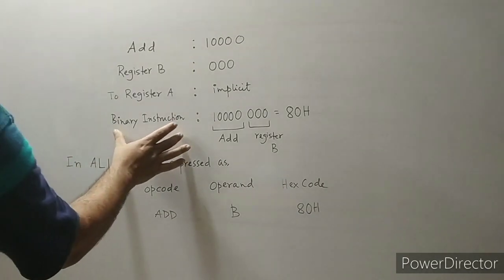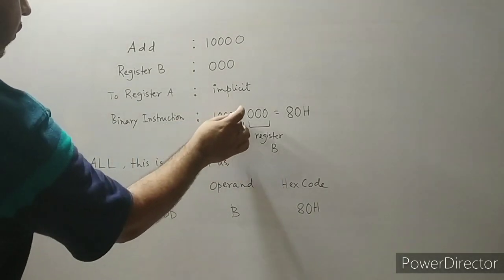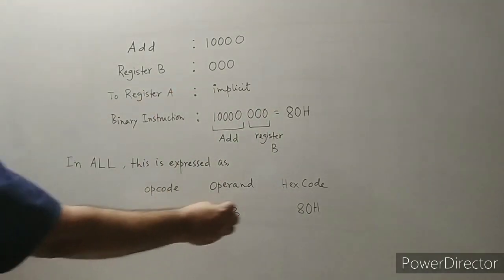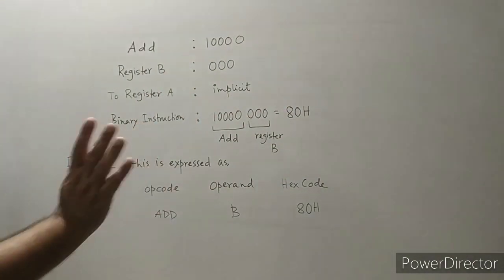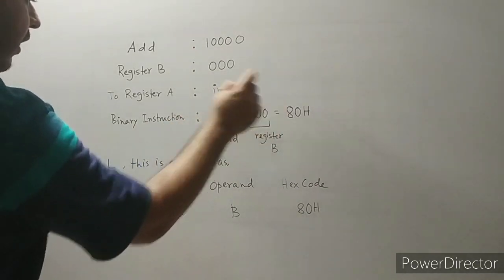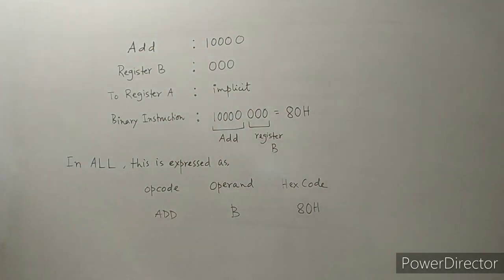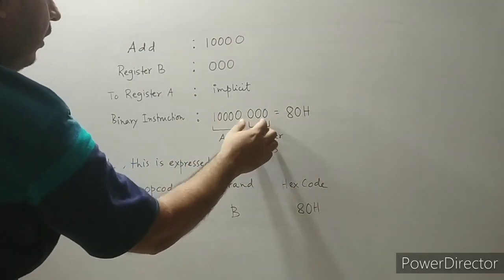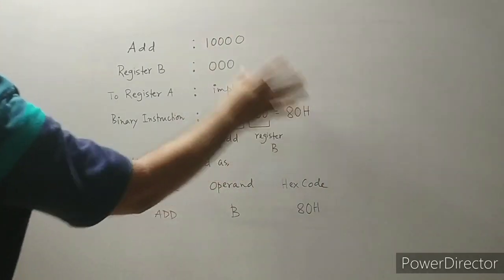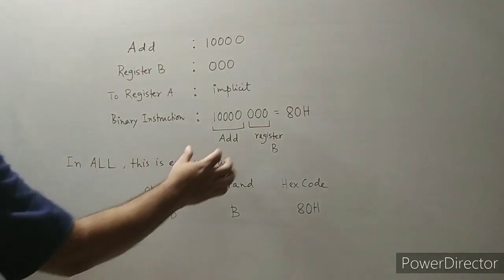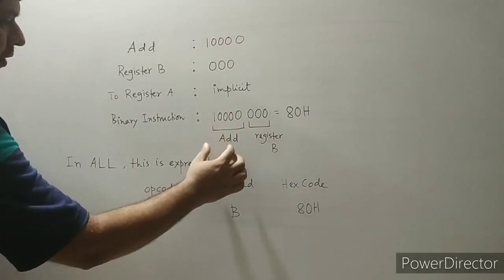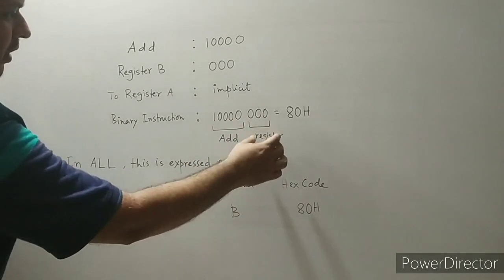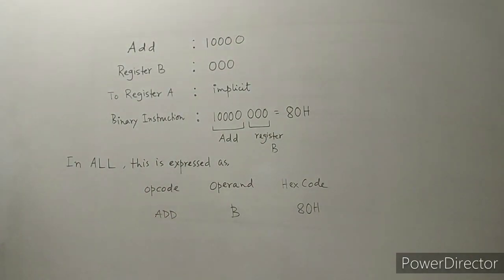So the corresponding binary instruction will be 10000 followed by 000 for register B. The corresponding hex code will be 80H: 1000 is 8, 0000 is 0. So the first 4 bits give 8, the last 4 give 0, H. The first 5 bits are for add and the last 3 bits come from register B.